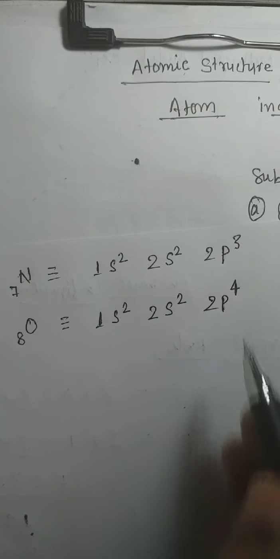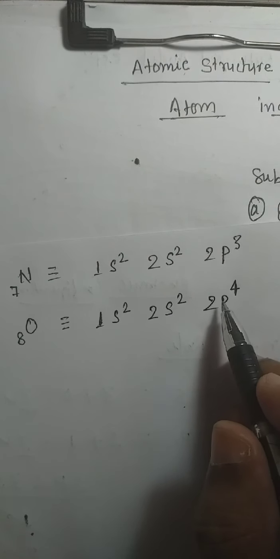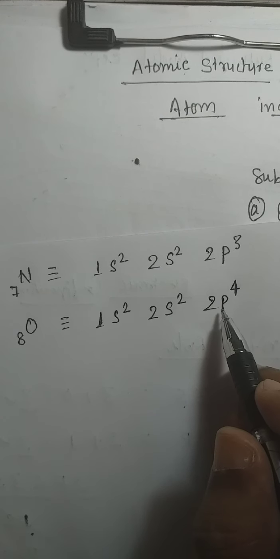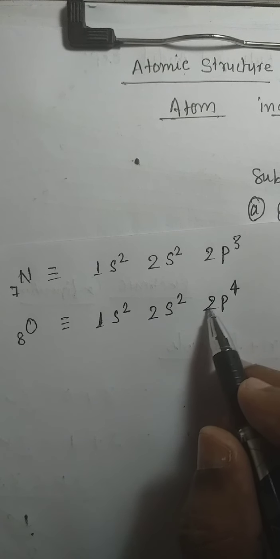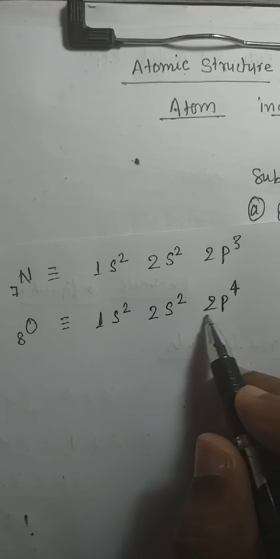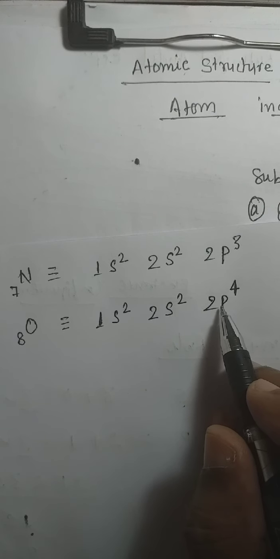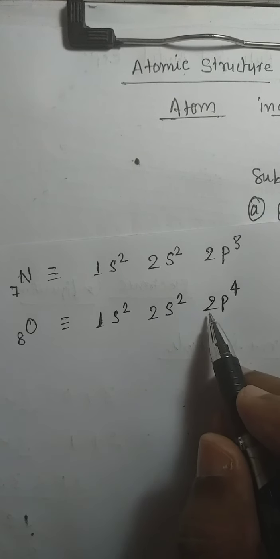This is the electronic configuration. We write it simply because we know the maximum electron capacity of the p orbital is 6. Keep in mind, it doesn't matter what coefficient is written before the subshell, because that only gives an idea of the principal quantum number.